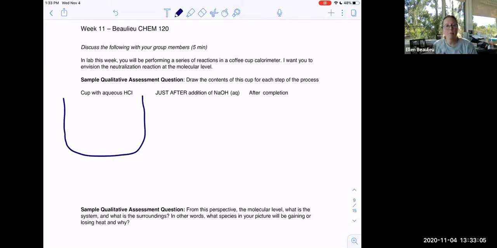If I were to draw at the molecular level the species present in a cup with aqueous HCl, what species would I draw? I'd love for you to annotate my screen. To do so, you should be able to go up to your view options. Maybe it's there, or maybe it's in the toolbar at the bottom. There should be an annotation option. Or you can unmute yourself and tell me what to draw.